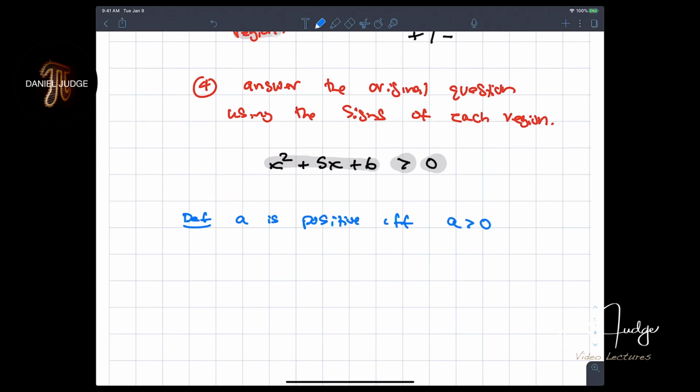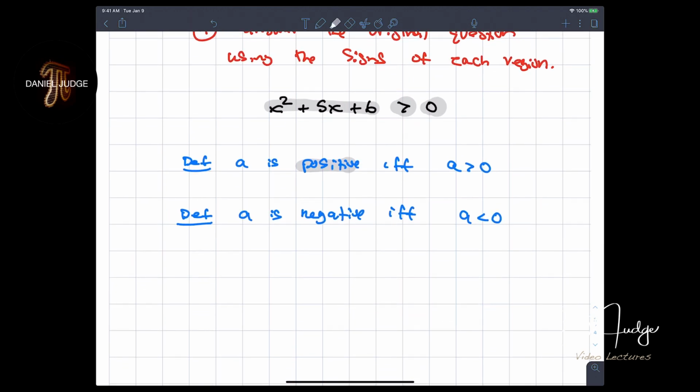You see, any number to the right of 0 is positive, ladies and gentlemen. This is a definition. So we know when A is positive. And then similarly, what does it mean for A to be negative? A is negative if and only if A is smaller than 0. So these are kind of like tests for positive and negative numbers.